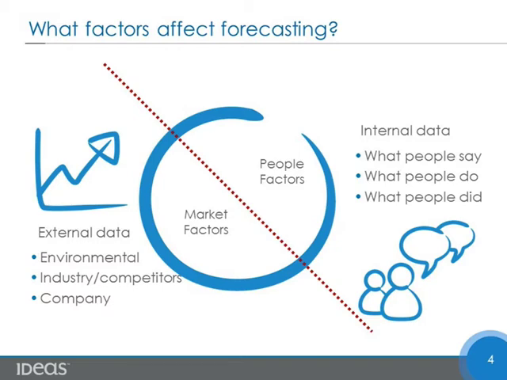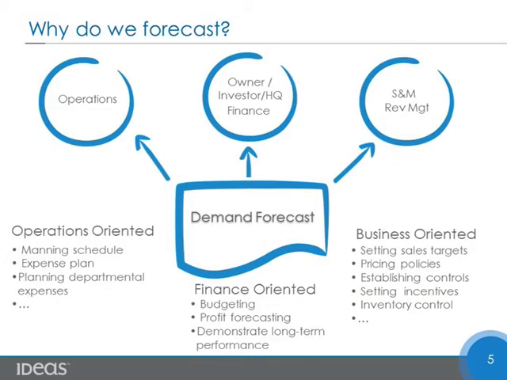This could include macroeconomic trends, industry or competitor actions, or economic situational changes. Internal factors happen within the hotel, and it might include strategy changes, product changes, sales and marketing action plans, or operational changes.